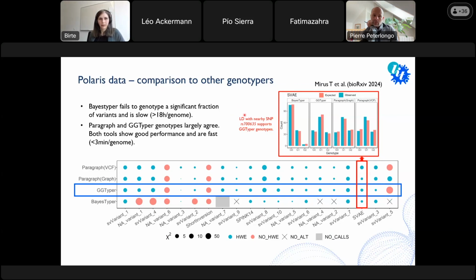So I think this nicely shows that on real data, the k-mer-based approaches can be very sensitive to the specification of the variant.